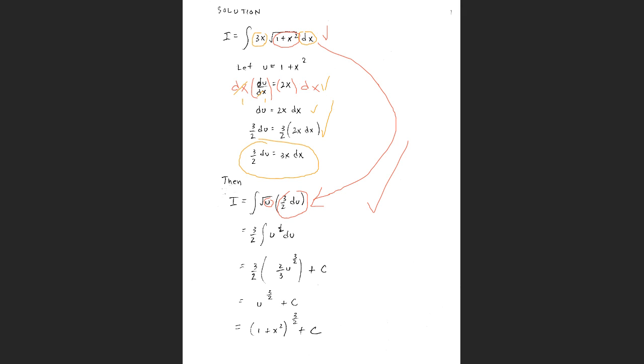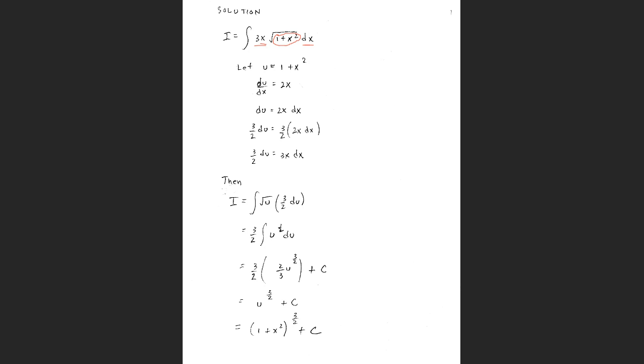Oh, okay, sure. The reason I did that was because the 1 plus x squared is accounted for in this integral here, but I need to account for the 3x dx. I need to write that in terms of the variable u.